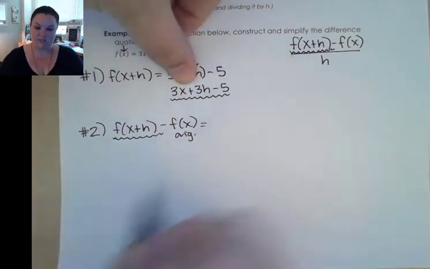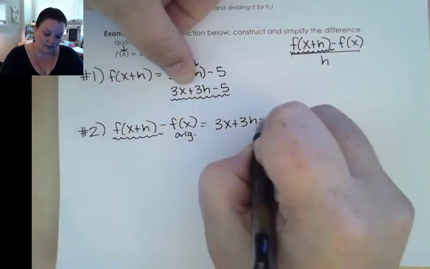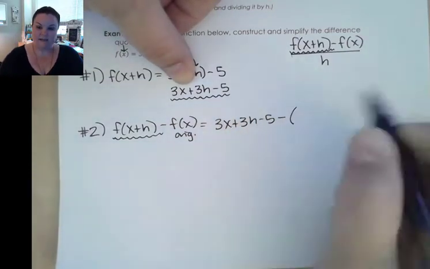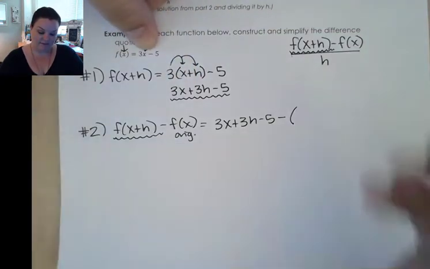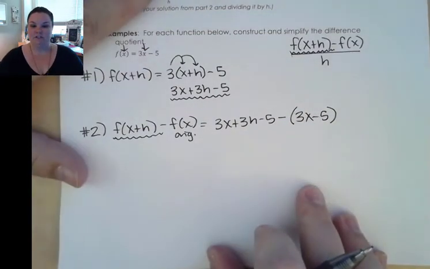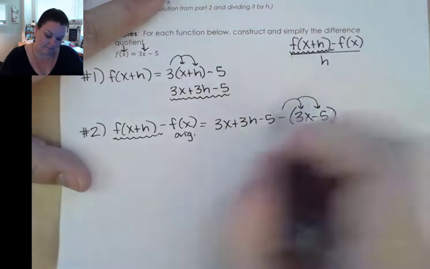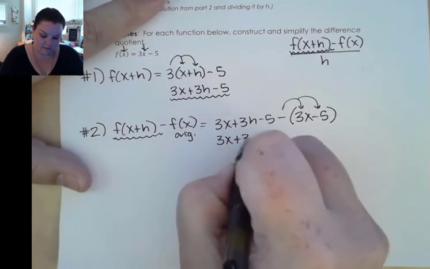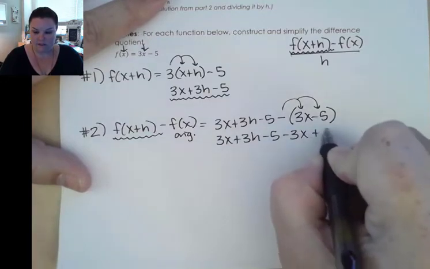So we take what we just got in step 1, which is 3x plus 3h minus 5, and we're subtracting our original function, which is 3x minus 5. And then we just do whatever we can to simplify that. So we distribute the negative, so we get 3x plus 3h minus 5 minus 3x plus 5.